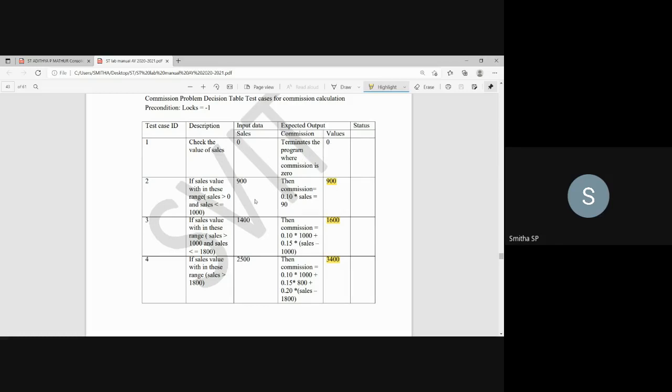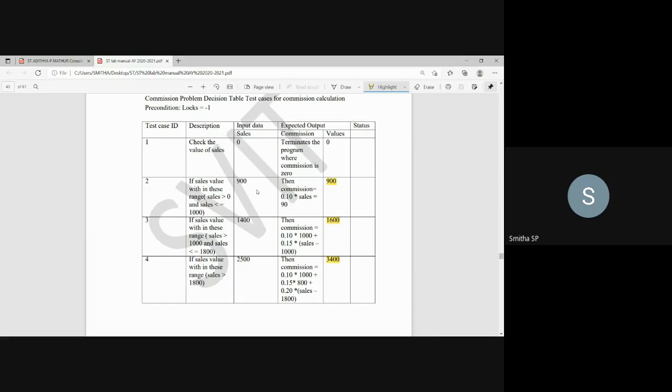And if the sales value is greater than 0 and less than or equal to 1000, you can make any entry. It is not that only 900 should be entered; any entry within the range will do. Here it is 900.